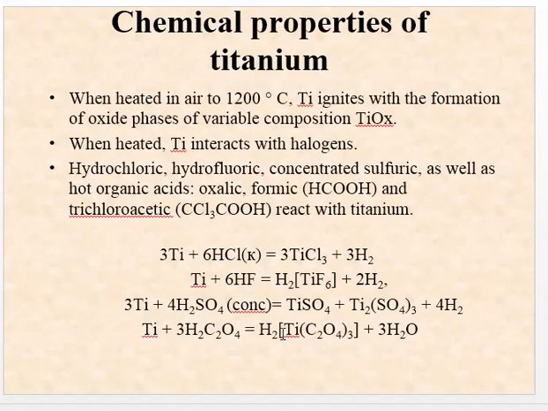About the chemical properties of titanium. When heated in air to 1200 Celsius, titanium ignites with the formation of oxide phases of variable composition, titanium oxide TiOx, because this is variable composition. When heated, titanium interacts with halogens.